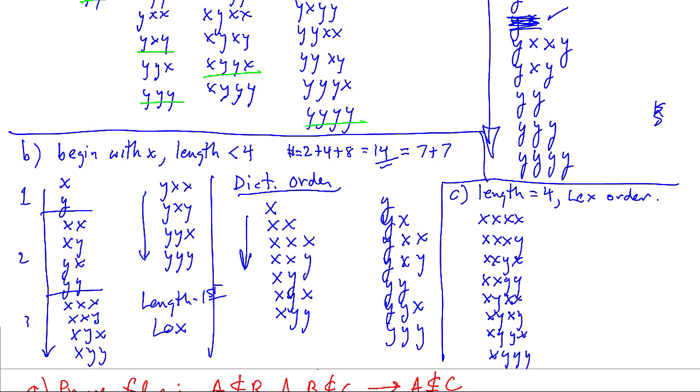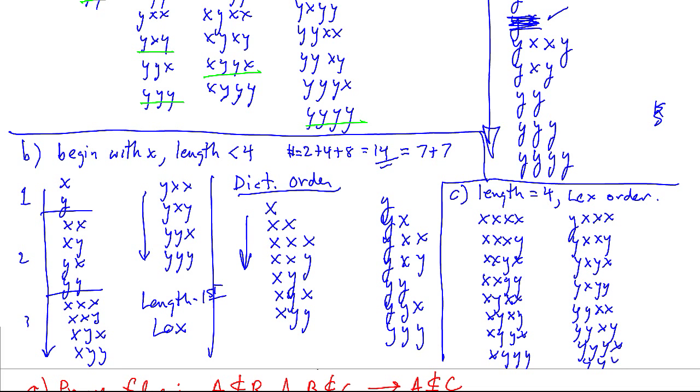Then I move on to the Y's. YXXX, YXXY, YXYX, YXYY, YYXX, YYXY, YYYX, and YYYY.